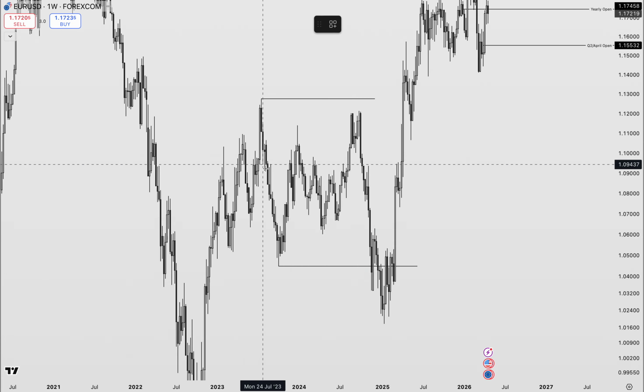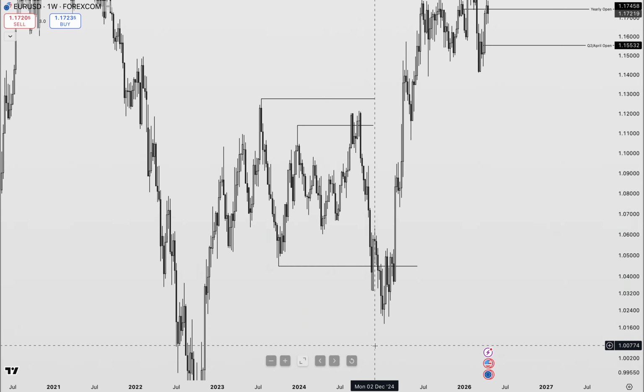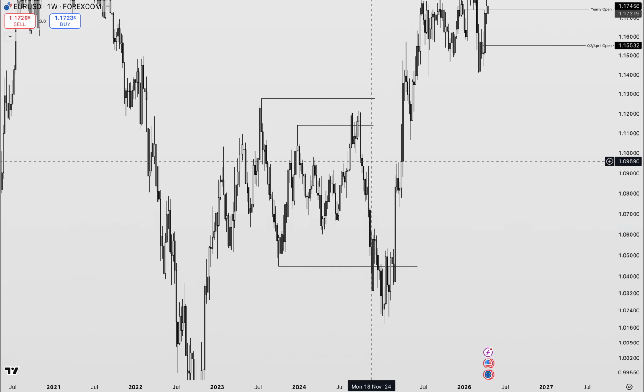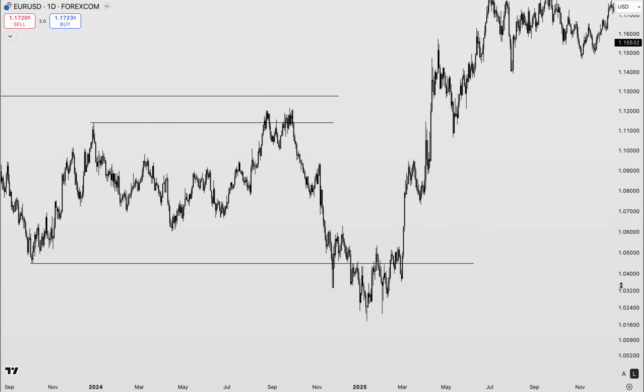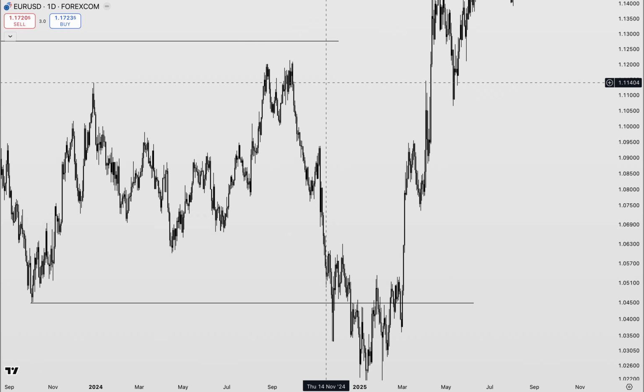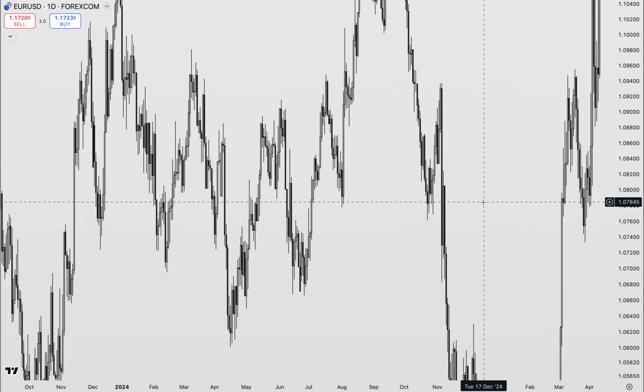Now we have this one right here. As you can see, very, very fast move. On the lower time frame, I think on the daily, we have another one. Perfect. We can look at this range on the daily. So right at the 50%, what do we have? Well, we have this daily range high.